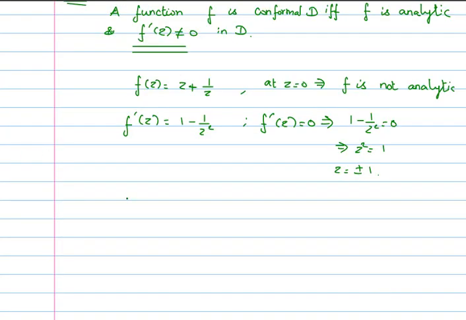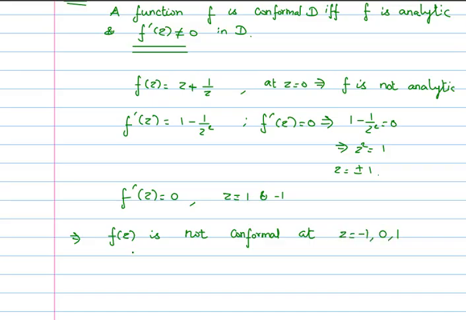So f prime of z equals 0 whenever z is equal to 1 and minus 1. So this implies f of z is not conformal at z equal to minus 1, 0, 1.